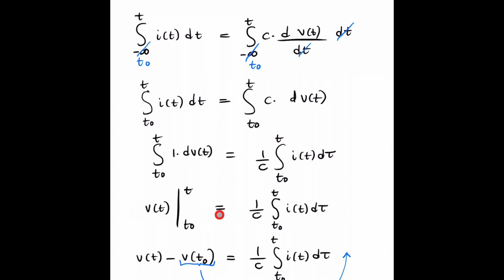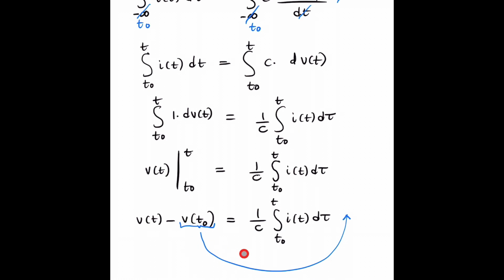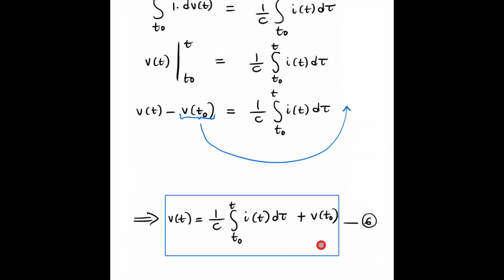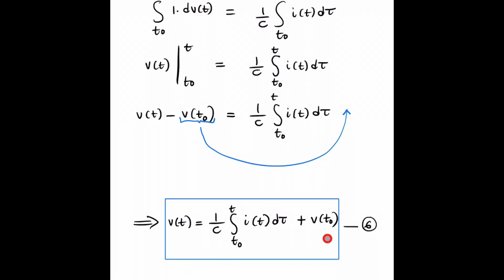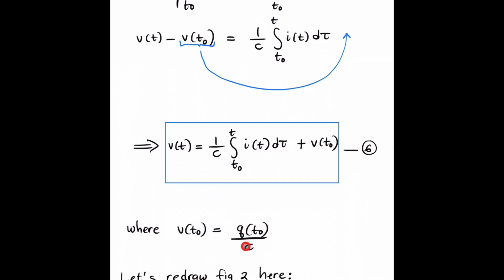And so from here, we take this to the right, and we arrive at equation 6. And this guy is equal to the charge per plate at t0 divided by the capacitance.